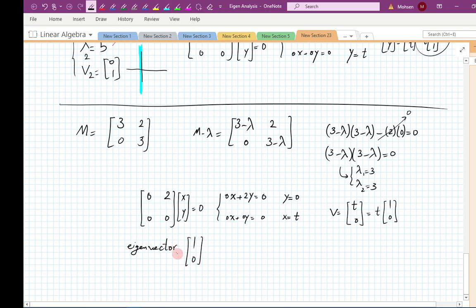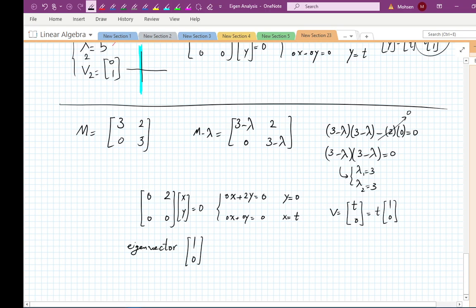Okay, how about the other one? Well, look, how silly it's going to look if I put the other 3. Well, the 3 is the 3. Whatever you put, that's what you're going to get. And then you cannot say I have eigenvector 1, 0, and the other one is just 1, 0, or say 2, 0, or whatever. Your eigenvectors that you dish out have to be linearly independent from each other.